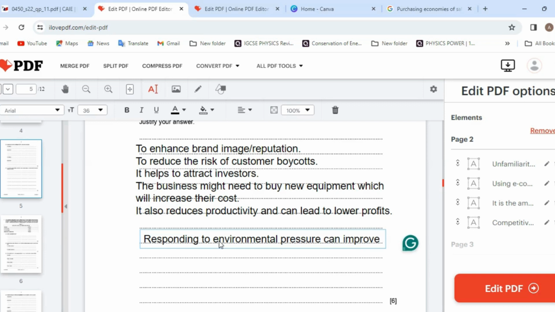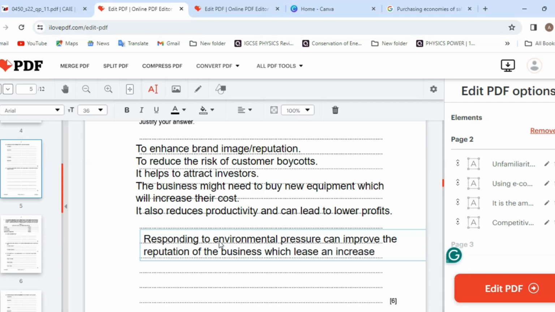Responding to environmental failure can improve the reputation of the business, which can lead to an increase in sales and also the revenue.